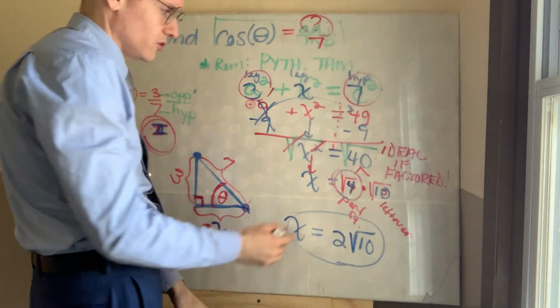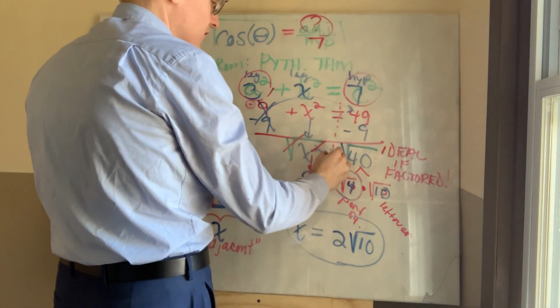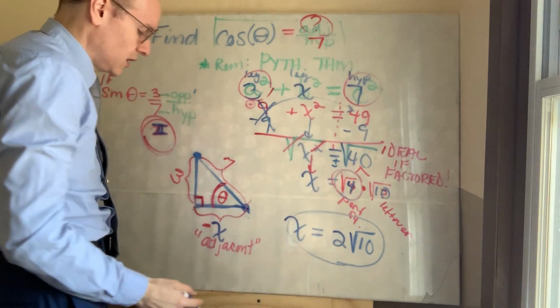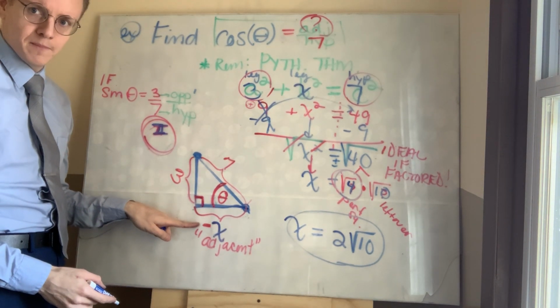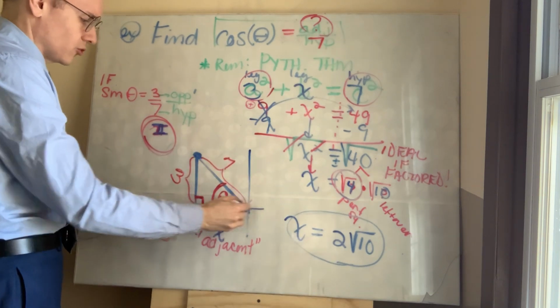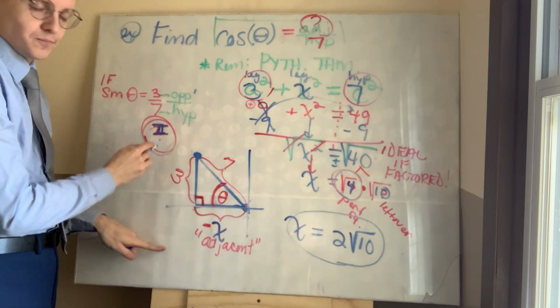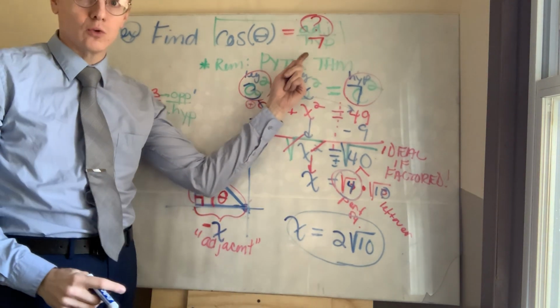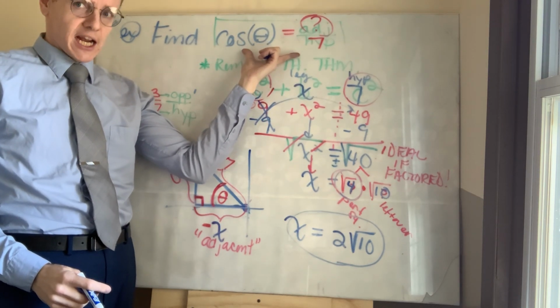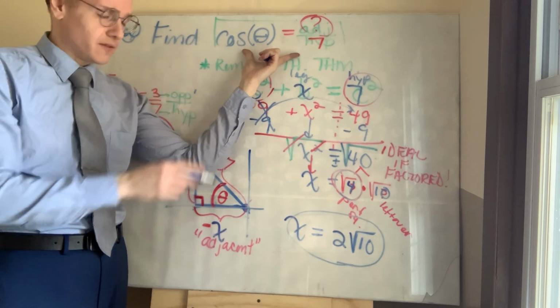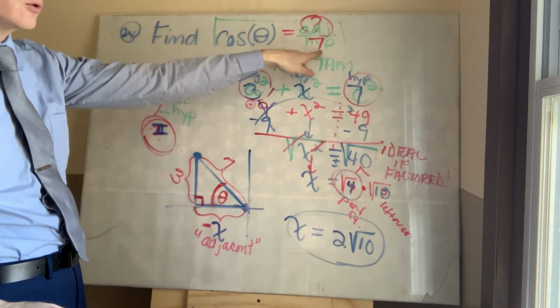Now, in theory, because we're dealing with a square root, a positive or a negative is possible. In this case, which one do we want? We want a negative because it's in quadrant 2, right? Anyhow, going back to our ratio up here, which was the actual problem, we actually wanted to solve for the cosine of theta. We used 7 to fill in the void for hypotenuse.